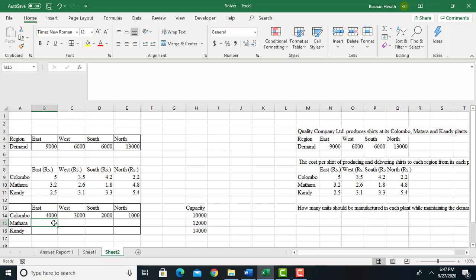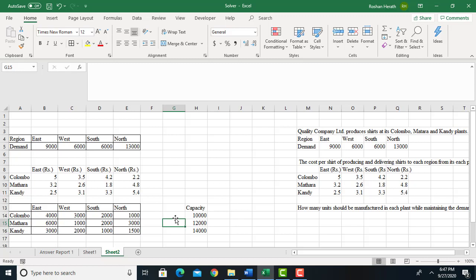From Mathur to east, say you're going to deliver 6,000, and then 1,000, 2,000 and 3,000. Likewise, I'm just assuming certain numbers. From Kandy to east, 3,000, 2,000, 1,000, sorry, 1,000 and 1,500. So here I have just assumed.